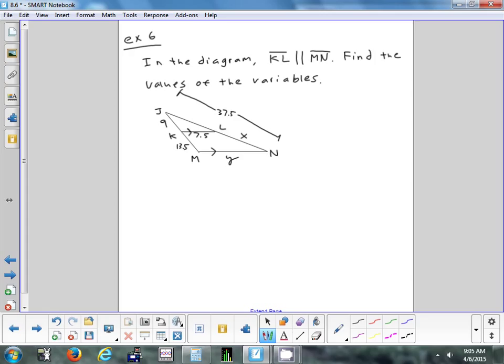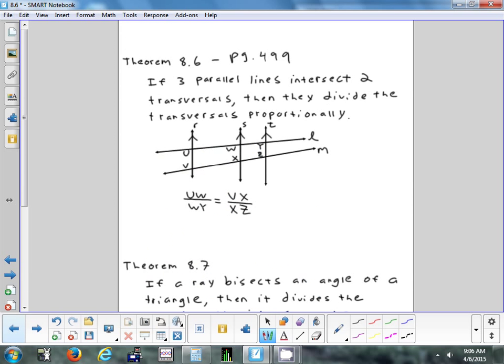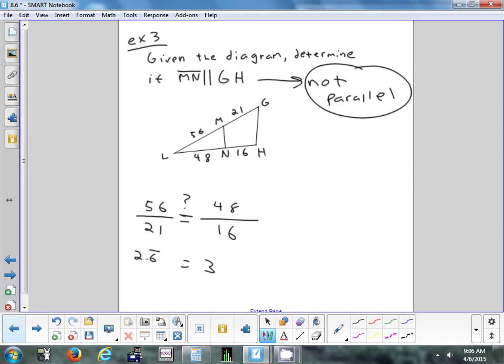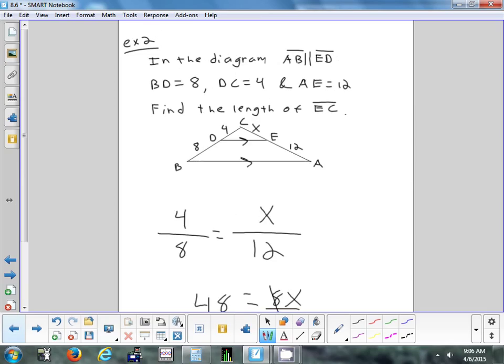Let's start with it. Let's at least do x. Anybody see a theorem that might apply? Think back to this picture. Okay, maybe something, or maybe this picture.